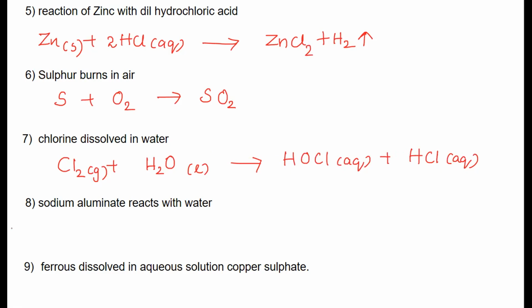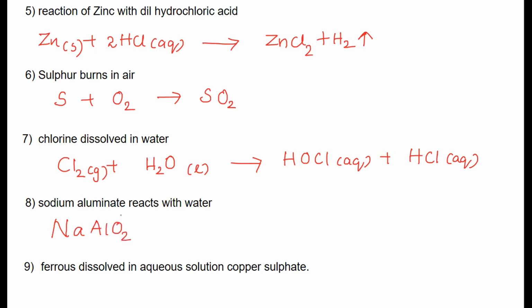Next question is sodium aluminate reacting with water. We know in the process of concentration of bauxite we learn about sodium aluminate. The sodium aluminate formula we learned in the electrolysis or extraction of aluminum. Sodium aluminate is NaAlO2.